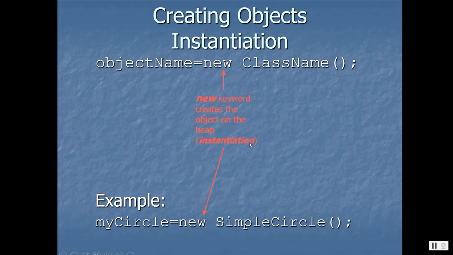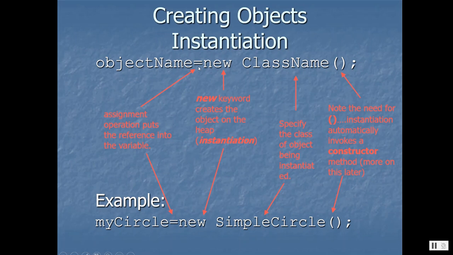So the new keyword is creating the object on the heap, and that is called instantiation. Anytime you see the word new, you know that there's an instance of something being created on the heap. And there is the name of the class. Essentially what's happening here is we are invoking a constructor. Because of the use of the parentheses, we're invoking a constructor.